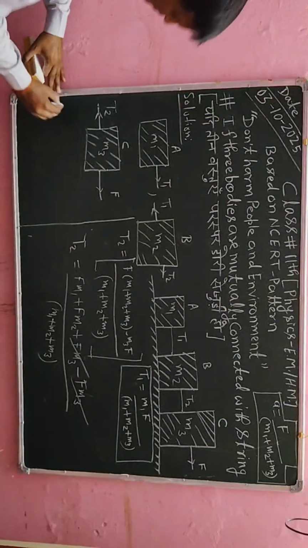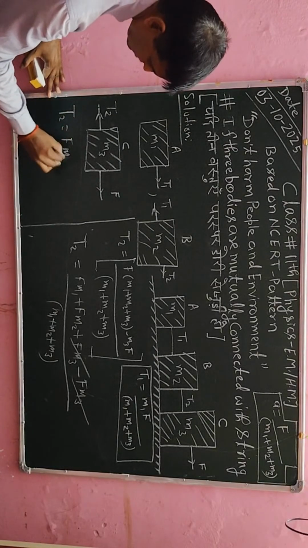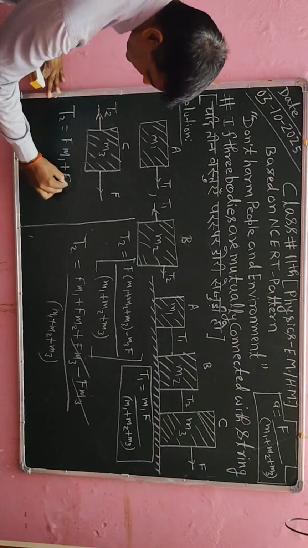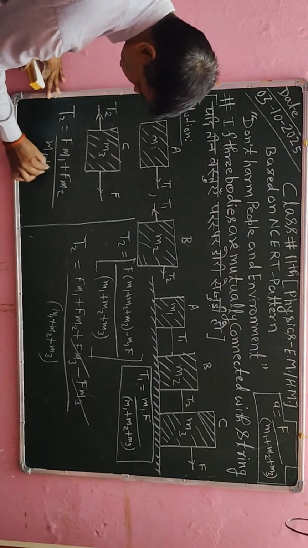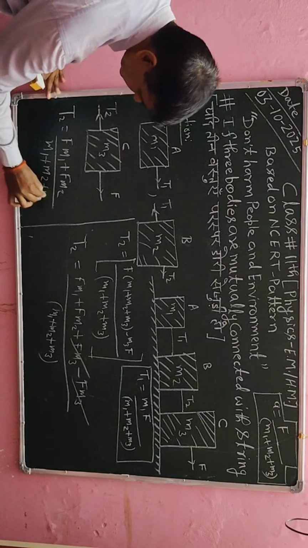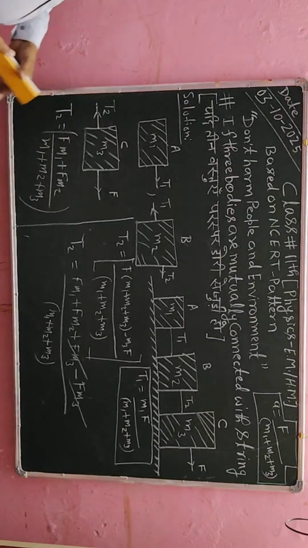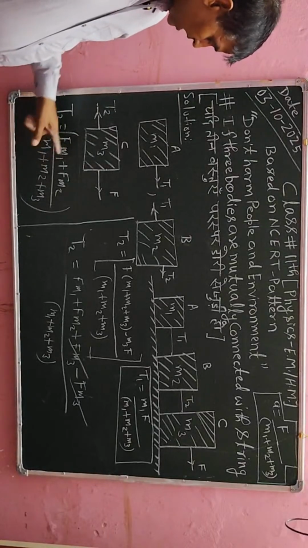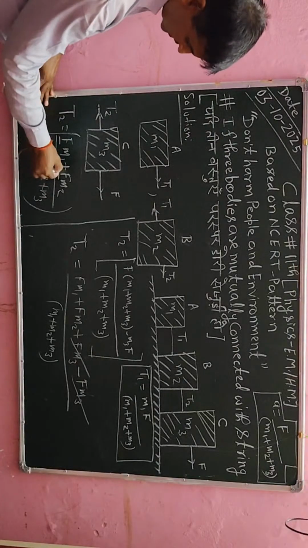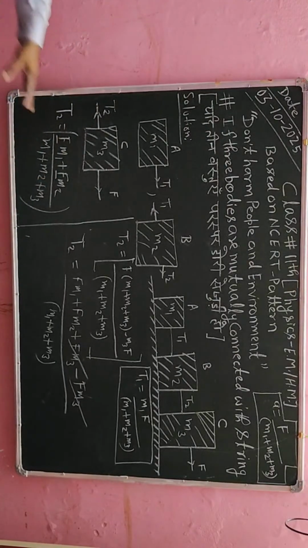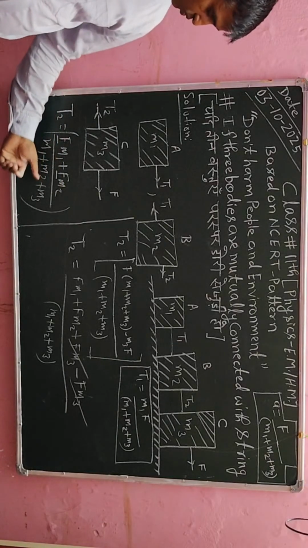Okay, so after simplification, I have to write here T2 is equal to FM1 plus FM2 divided by M1 plus M2 plus M3. Now above there are two terms, and in both terms I see F is common. So after taking it common, we have to write M1 plus M2 into F divided by M1 plus M2 plus M3.